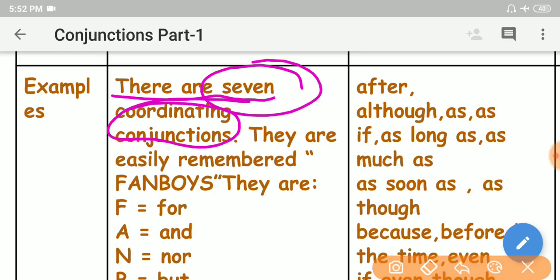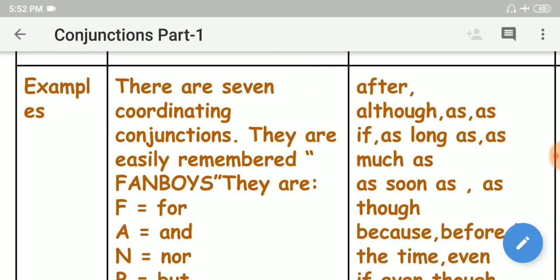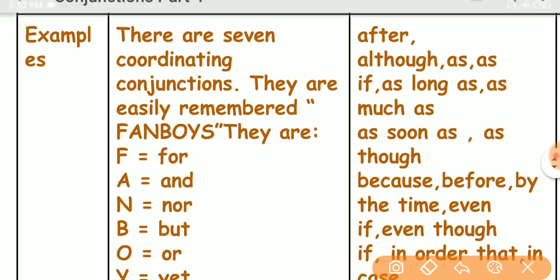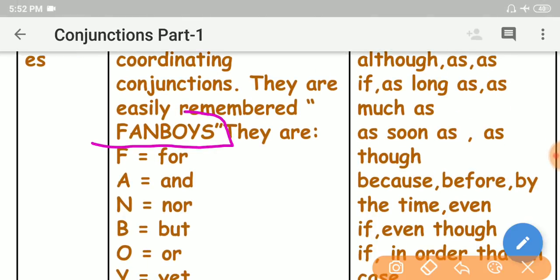They are very easy to remember if you understand this word. What is that word? Acronym. If you remember this acronym, it is easy for you to remember these seven coordinating conjunctions, my dear friends.